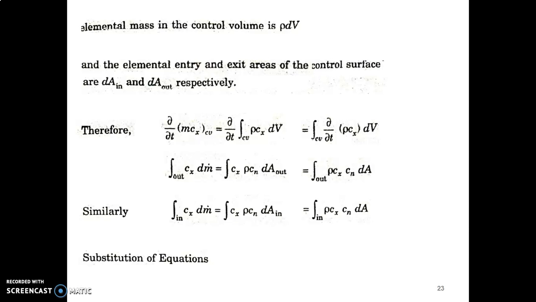Now substituting these final forms in our earlier expression, that is sigma Fx, all the terms are converted to integral forms, and all the terms consist of the density term also. Now this can be considered as the integral form of the momentum equation.